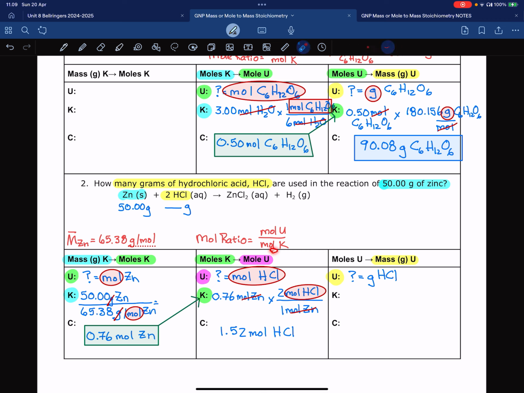Now, once again, this is an interim unknown. So I'm going to use a purple box to show that. And that answer becomes my known for the next step. And so I end up with 1.52 moles of hydrochloric acid.